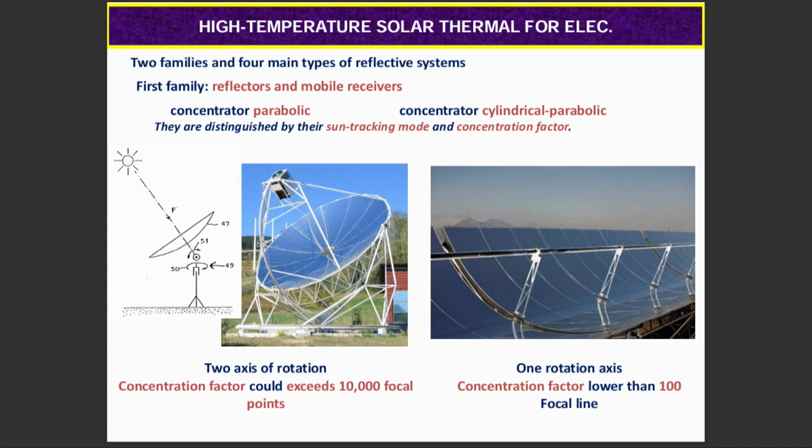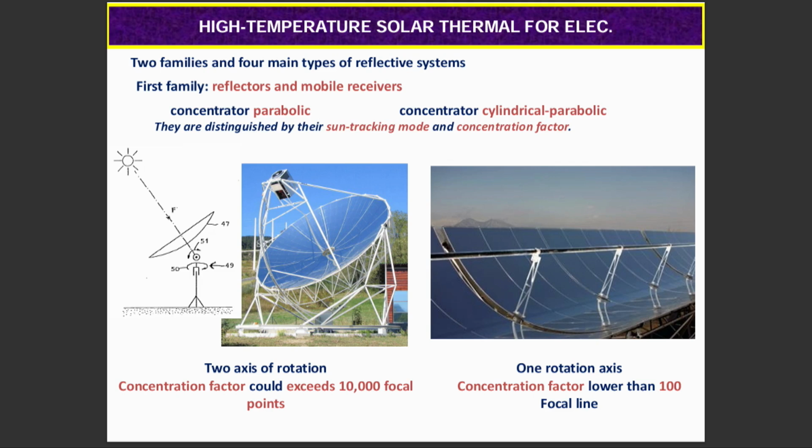The Stirling engine is a dilatation and compression of air, like a piston, that allows to generate electricity. The concentration factor is lower than 100, but it could be enough for generating electricity.